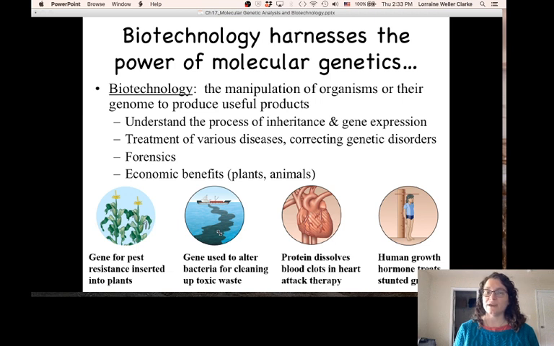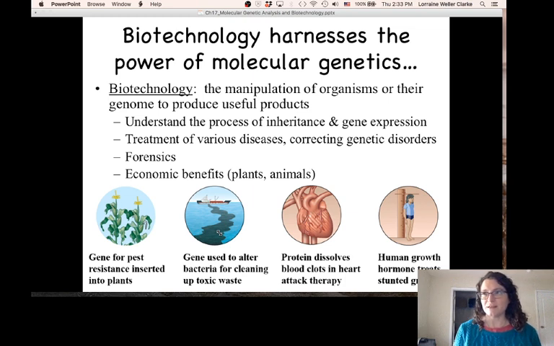So one of the ways that they were able to start cleaning up certain areas was actually introducing a transgenic bacteria that could metabolize oil, and it would eat oil for food, and it was a way of cleaning up the ocean.